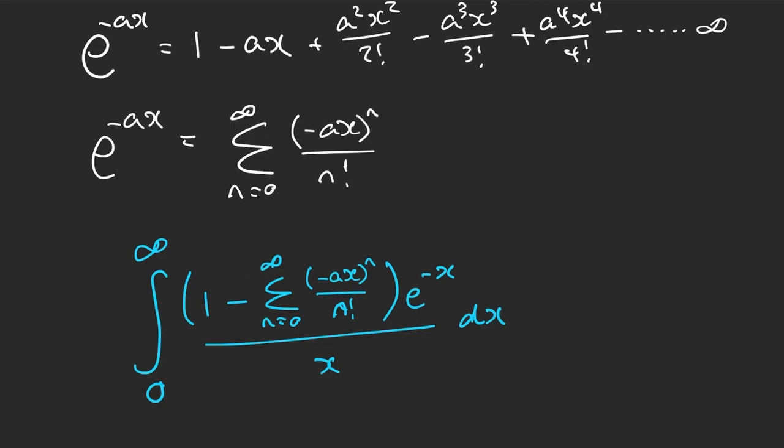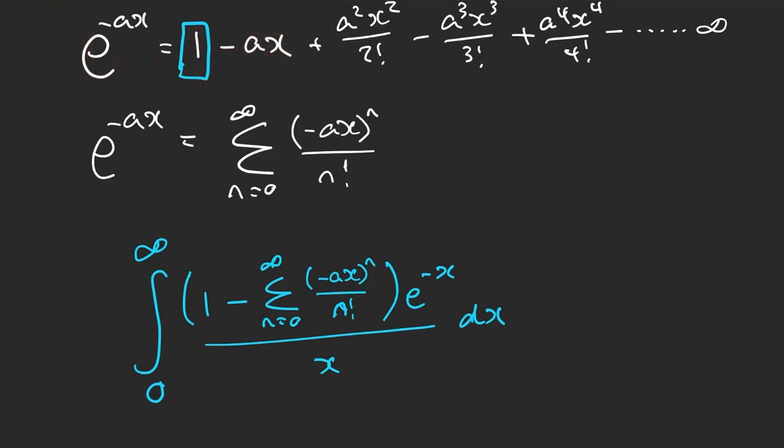As you can see, in the expansion for e to the negative ax, the first term was 1. And so if we've got 1 minus this entire thing, that's saying 1 minus, and then 1 minus ax and so on and so forth.